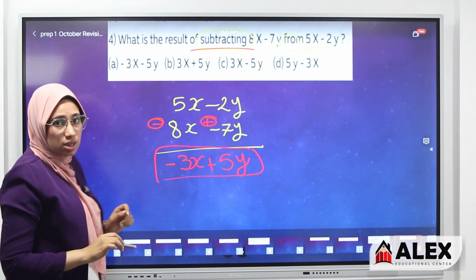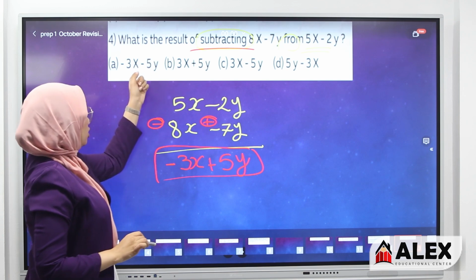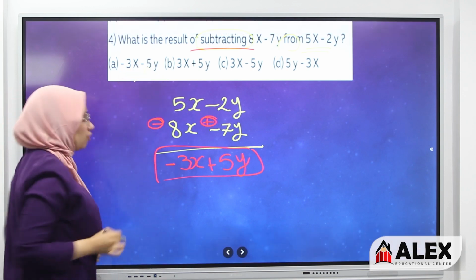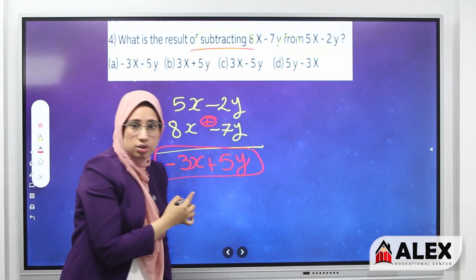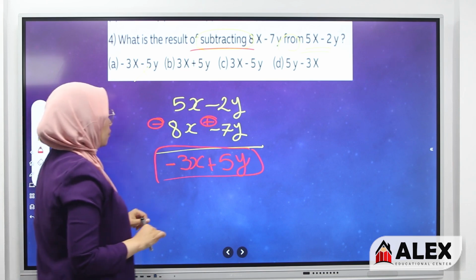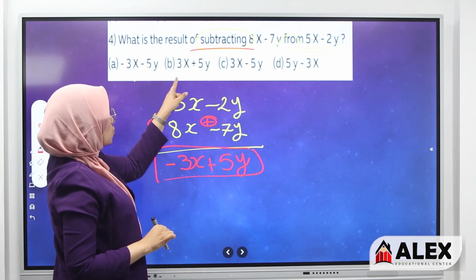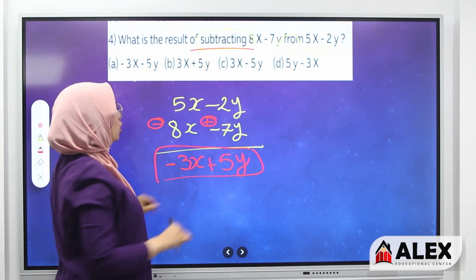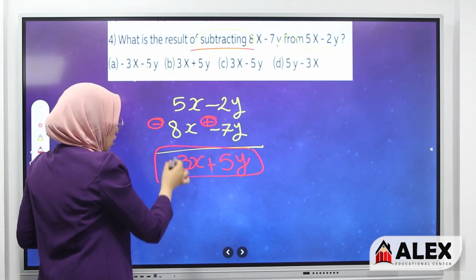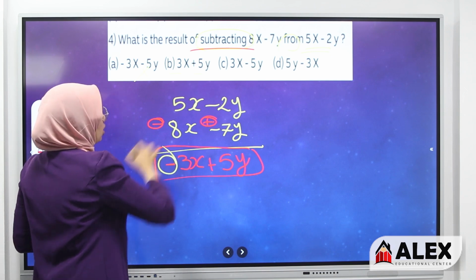Let's take a look at the choices. The first one, negative 3x but negative 5y. But 5y here is positive, not negative. That is the wrong choice. Number 2, 3x, positive 5y. All of them are positive here, but x should have a negative sign.